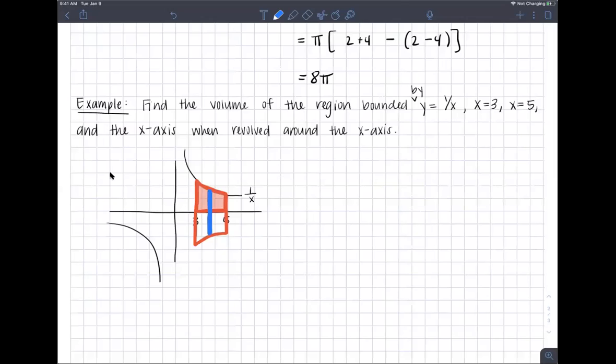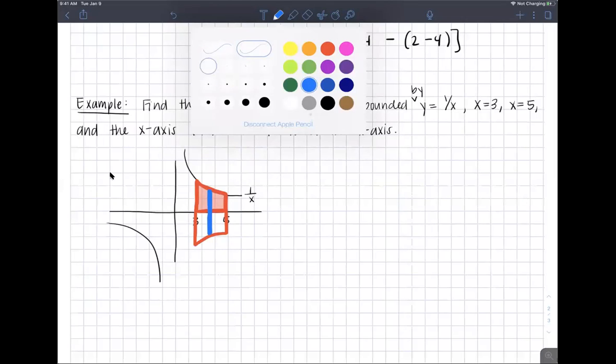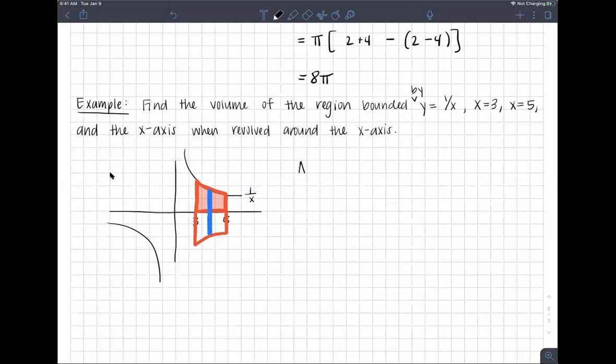Yeah, it's gonna be a circle again. And so we're gonna have the area of a circle, which is still pi r squared. But what is r now in this case? What is this given by? Yeah, 1 over x for x greater than 0, right?